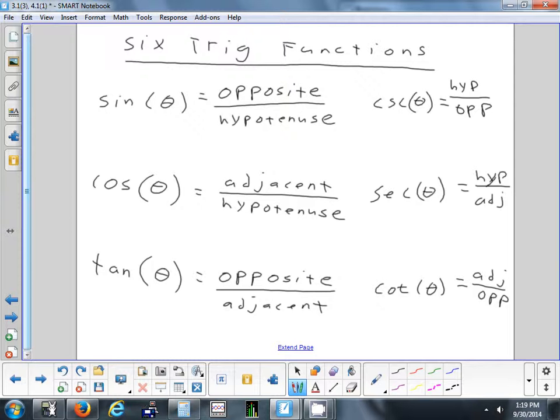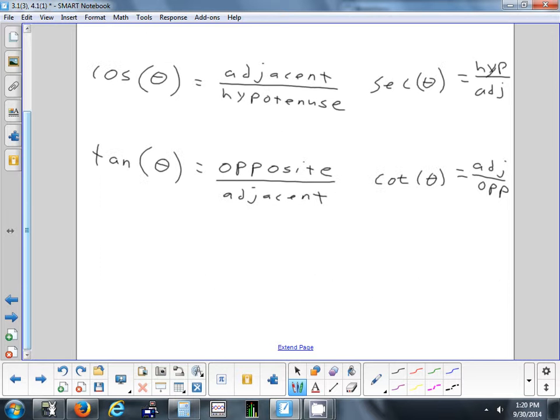There's a trick or a word that some people use to try to remember the first 3. Anybody know? SOHCAHTOA. How do you spell that? Spelling it is key to using it. Yep. TOA. And what is in the SOH?